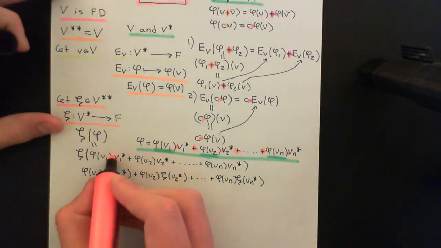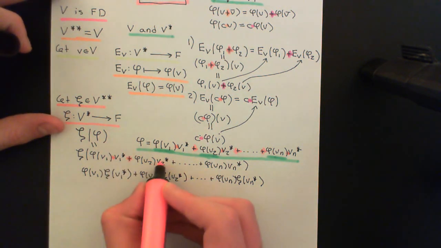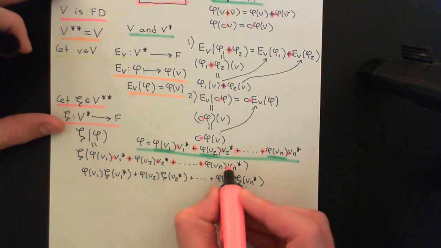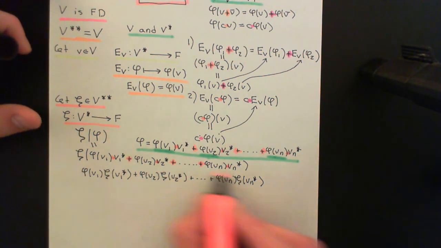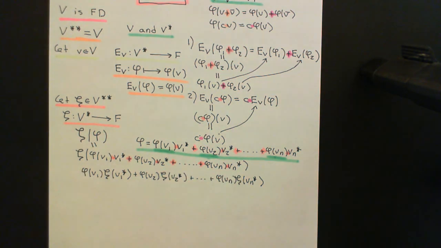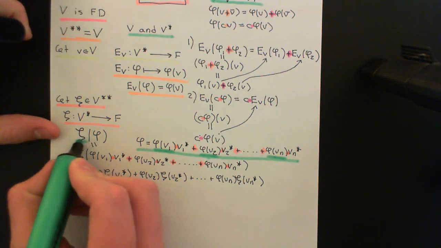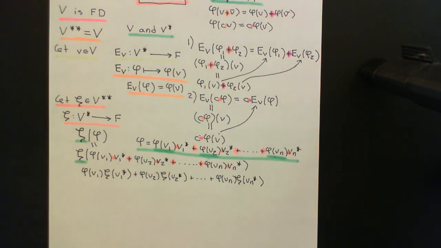Remember, all of these operations here were done in the dual vector space. So this was multiplication in the dual vector space, addition, multiplication, all of that was in the dual vector space. Because zeta here is a very special map, a linear map from the dual vector space into the field capital F, it will respect this linear combination.